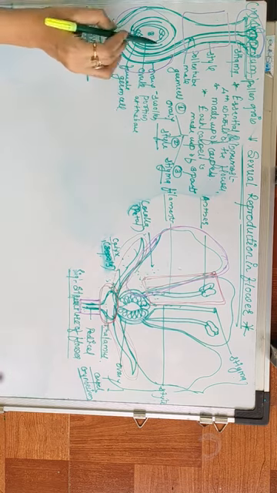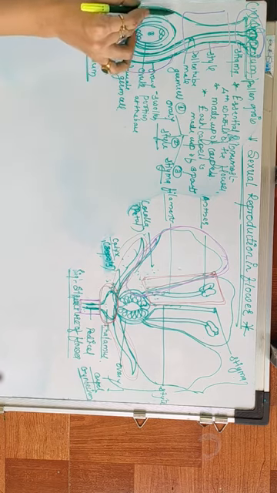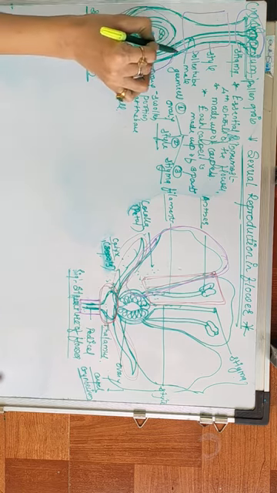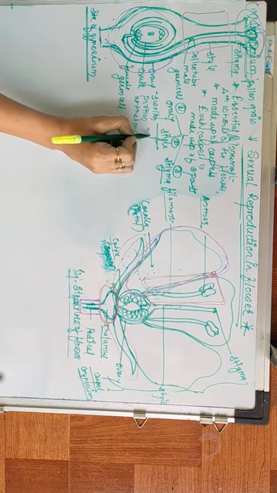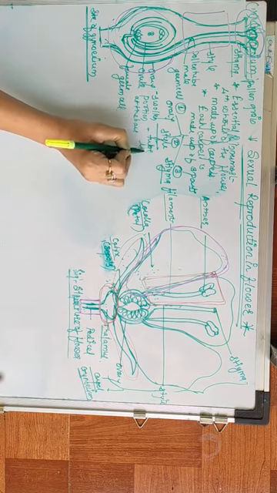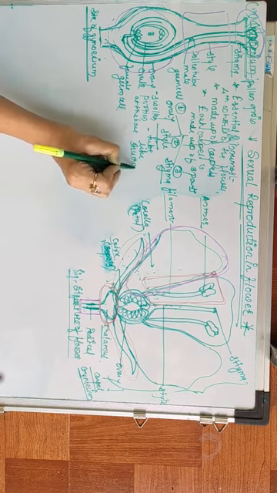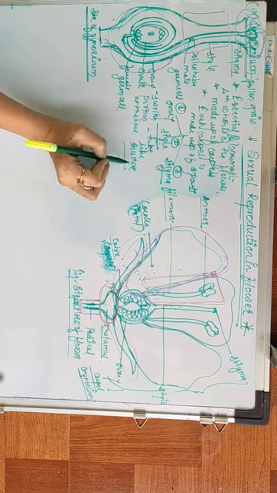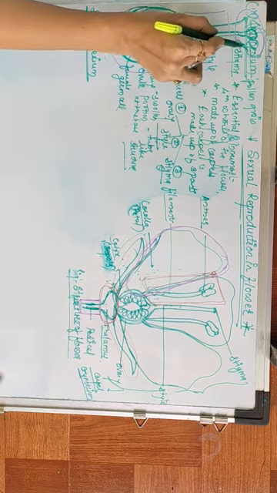Okay, next, from this ovary you can see this one. From this ovary a tube-like structure is there, that is called the style. That tube-like structure is known as the style. And the style possesses the stigma at its tip.